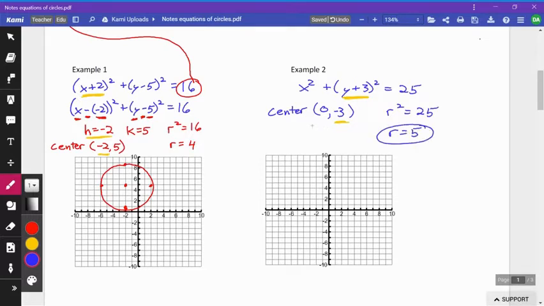I have everything I need to graph it. 0, negative 3 is going to be down here, and the radius is going to be 5. So I count up 5, down 5, right, left, 5, and then do your best to draw. Oh, that's not too good, but you get the hint.